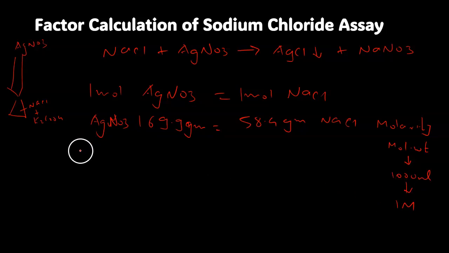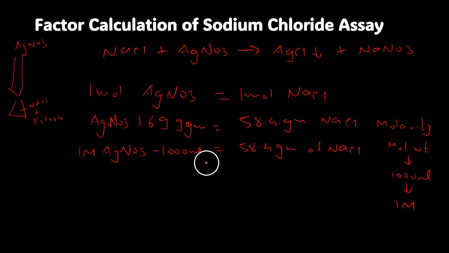So here I can write 1 molar AgNO3 and that is 1000 ml. So this quantity is a 1 molar solution in 1000 ml and that will neutralize 58.4 gram of sodium chloride.